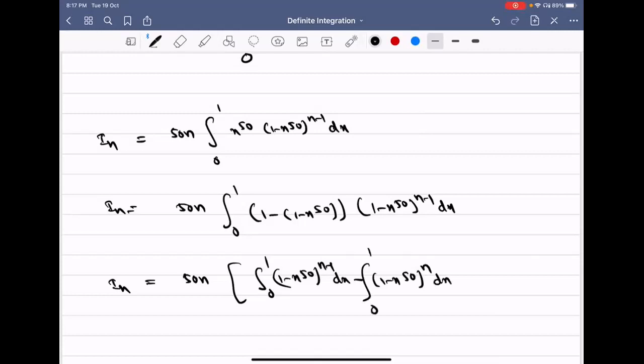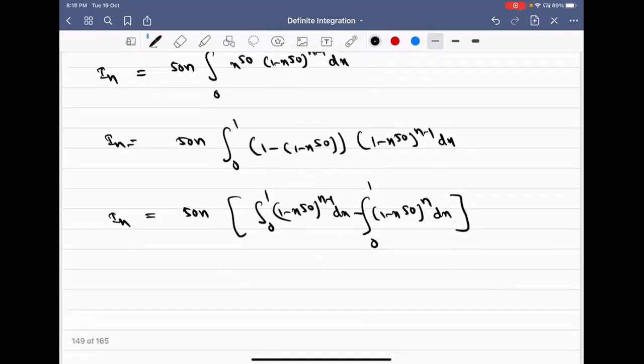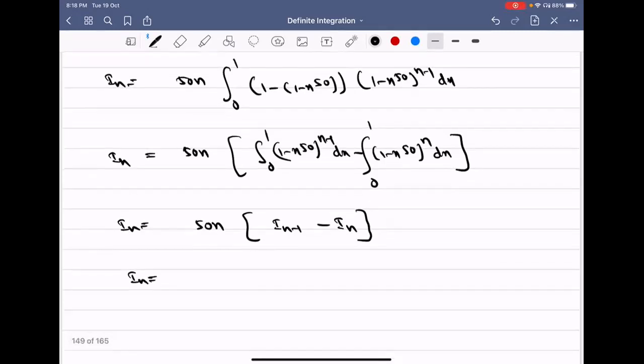Now this is 50n into this: the first is nothing but I(n minus 1), and this is In. So In is equal to 50n into I(n minus 1) minus 50n into In.